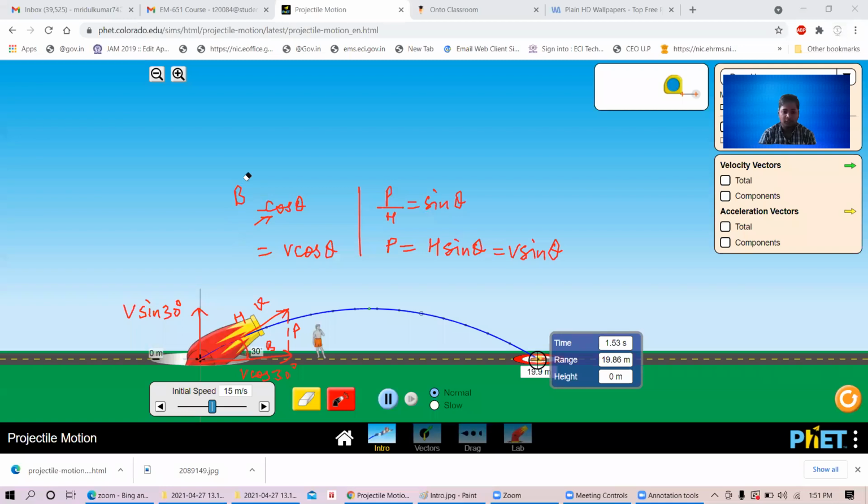Now let's move on. We have a velocity, let's say 15 meters per second in this case, in a direction making an angle of 30 degrees. First we need to calculate the time of flight.